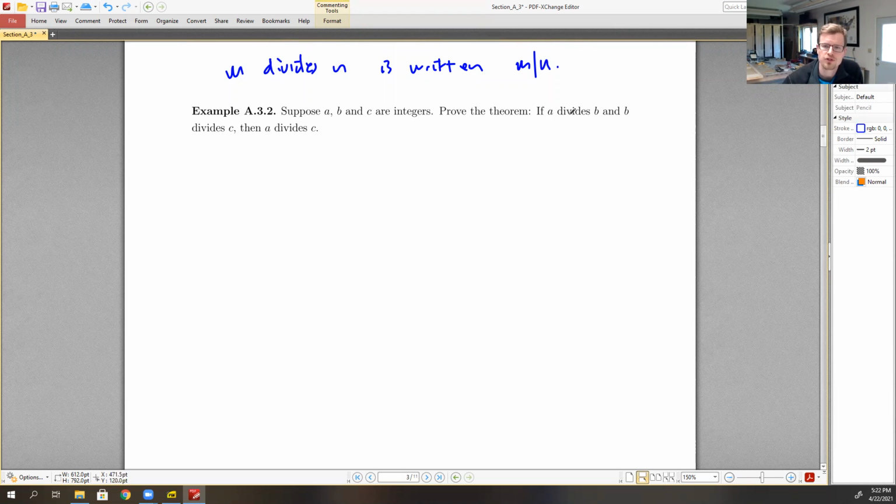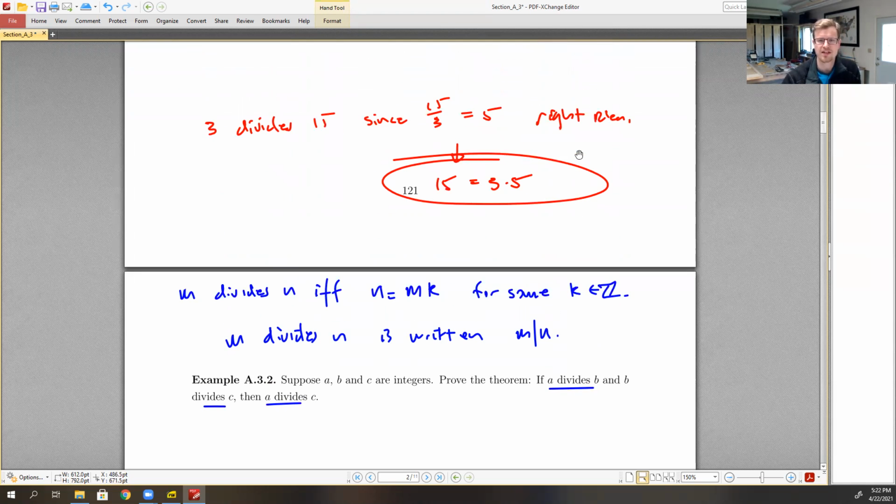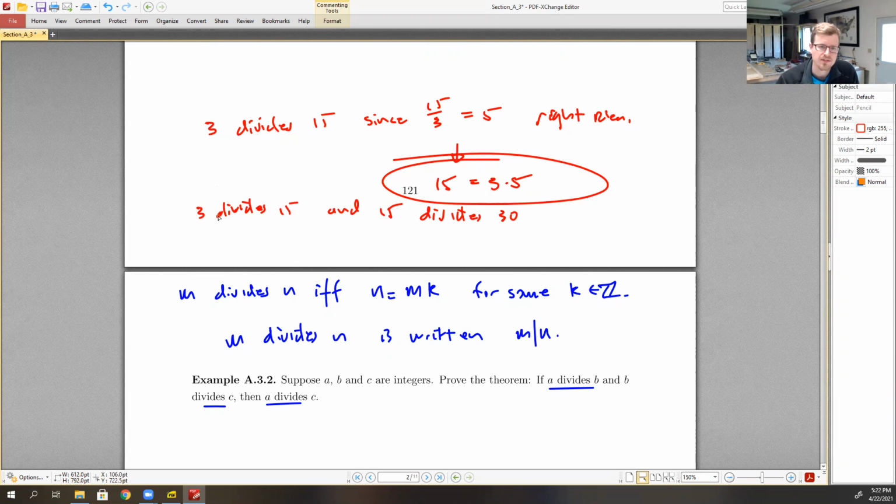So here we're assuming that A divides B and B divides C, and we want to show that A divides C. If you wanted to consider an example of this, let's continue to work with these numbers. 3 divides 15, and 15 divides 30, right? 15 divided by 3 is 5. 30 divided by 15 is 2.